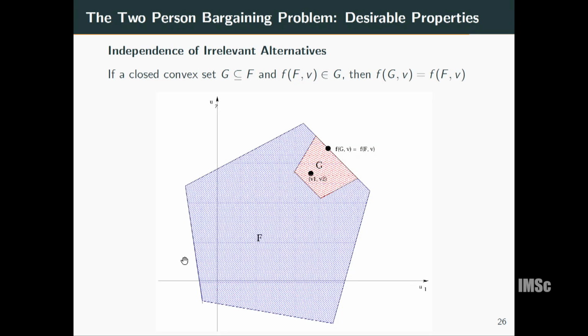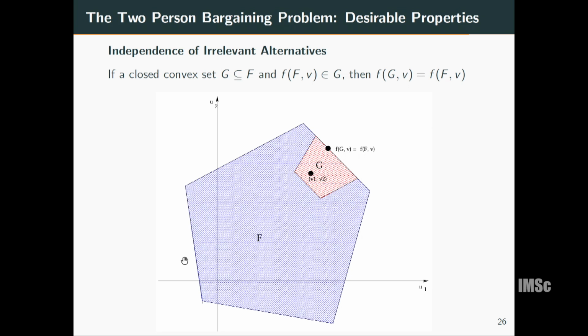The third property, again you would have seen this. Have you seen Arrow's impossibility theorem? Yes. Okay. So, this is independence of irrelevant alternatives. What does it mean? It means that if I remove some of the alternatives which do not matter, then my solution should not change. So, if I had this entire F, and if I restrict myself to this set G, which is a subset of F, then what should happen if the solution belongs to G?